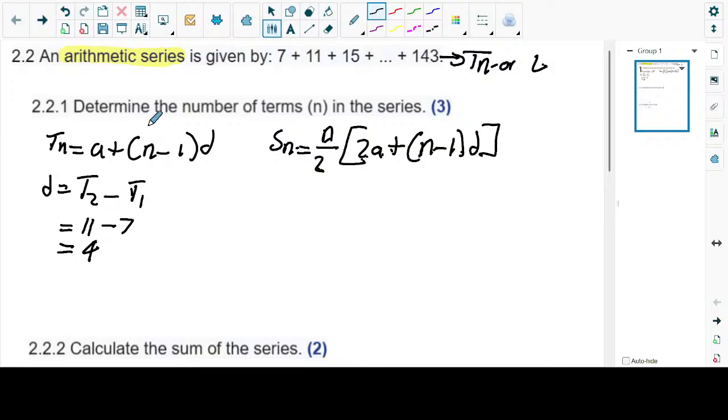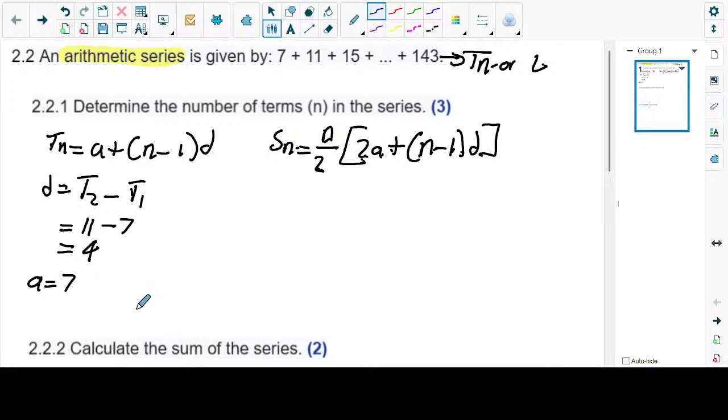Now, what does the question want us to get? The question says determine the number of terms n in the series. They were being specific, they were being kind. So they told us what we should calculate, n. On our general formula, here's what else we know. According to arithmetic, what is A? A is 7, the first term of the pattern or the series.